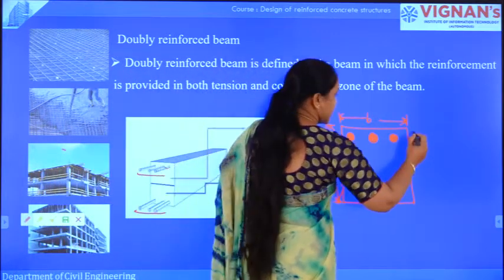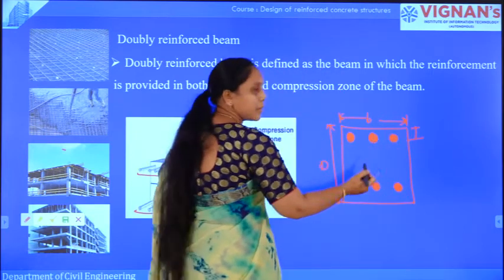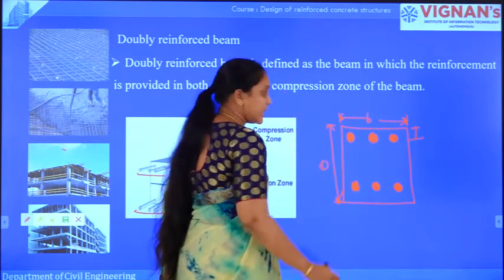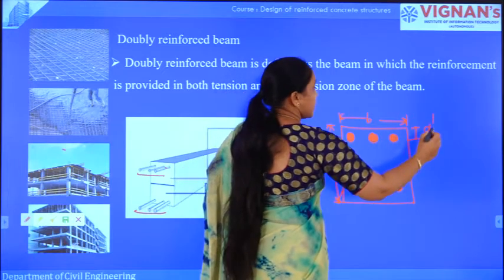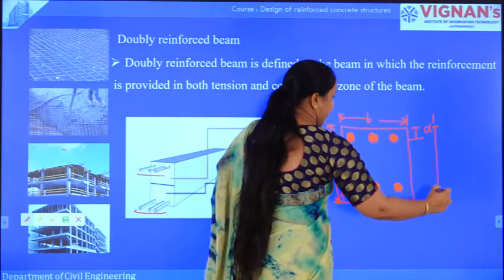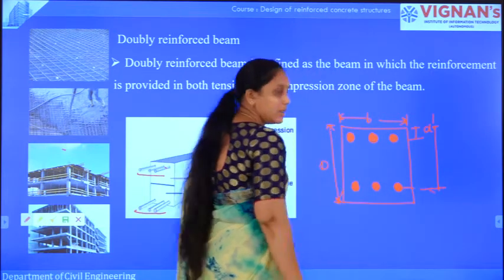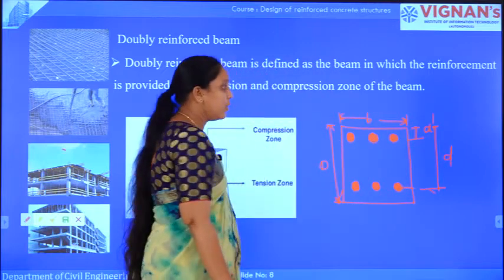So, what will be this distance? The distance from the topmost compression fiber to the center of the compression steel will be d dash, and the distance from the topmost compression fiber to the center of the tensile steel will be d, that is the effective depth.